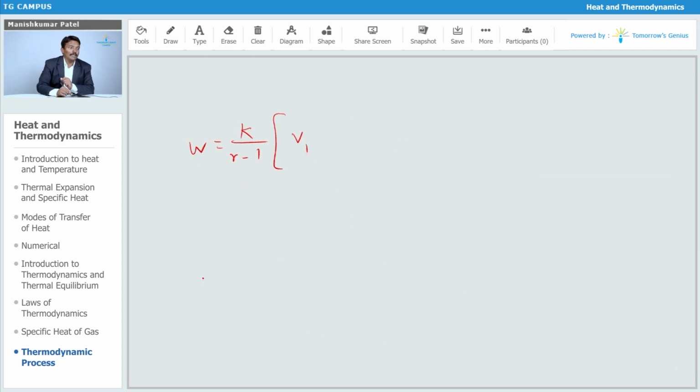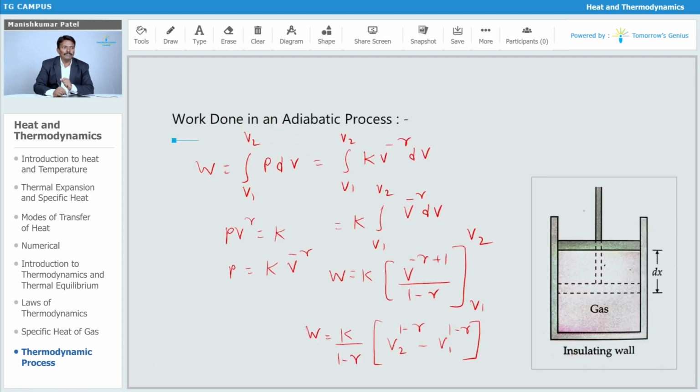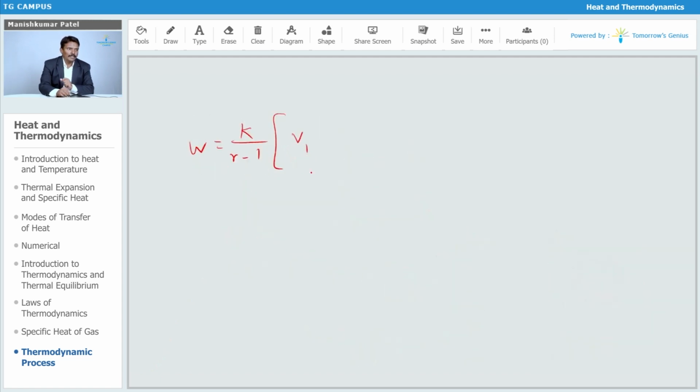Then this becomes V1 raised to 1 minus gamma minus V2 raised to 1 minus gamma. Further, we know that PV raised to gamma equals K, so you can write down the value of K also.